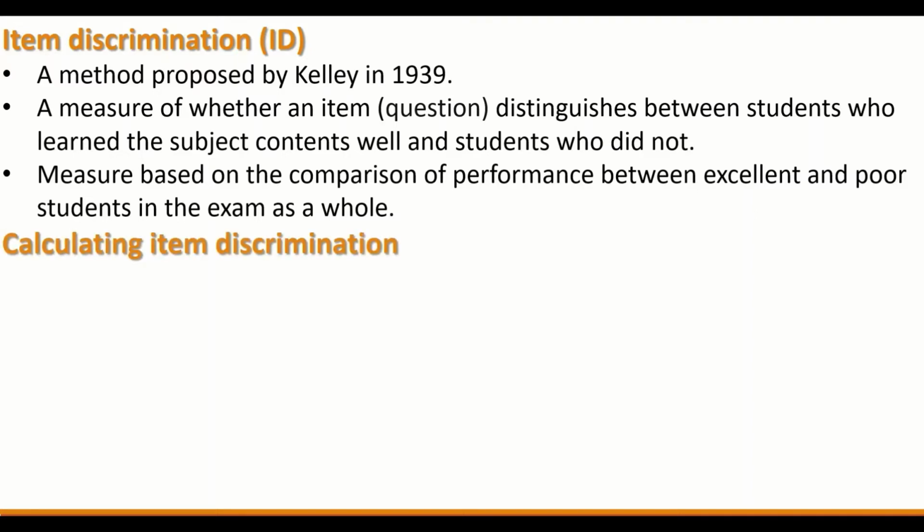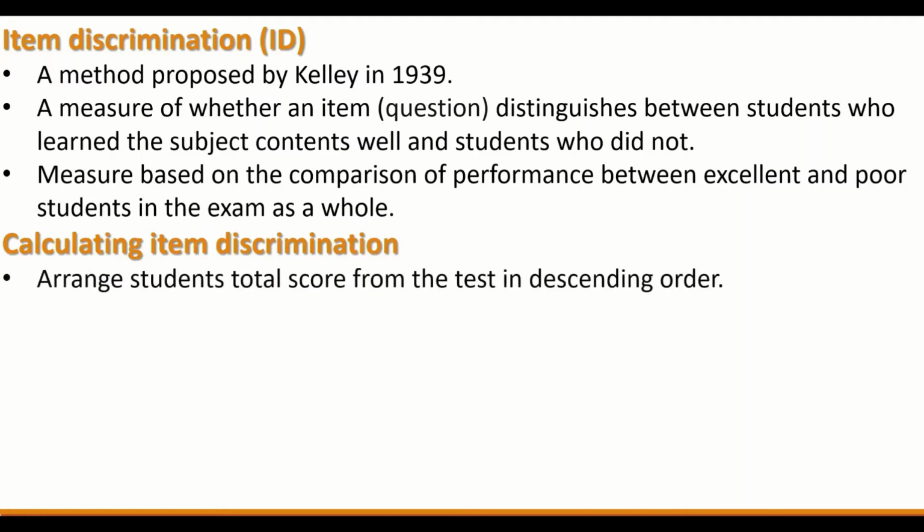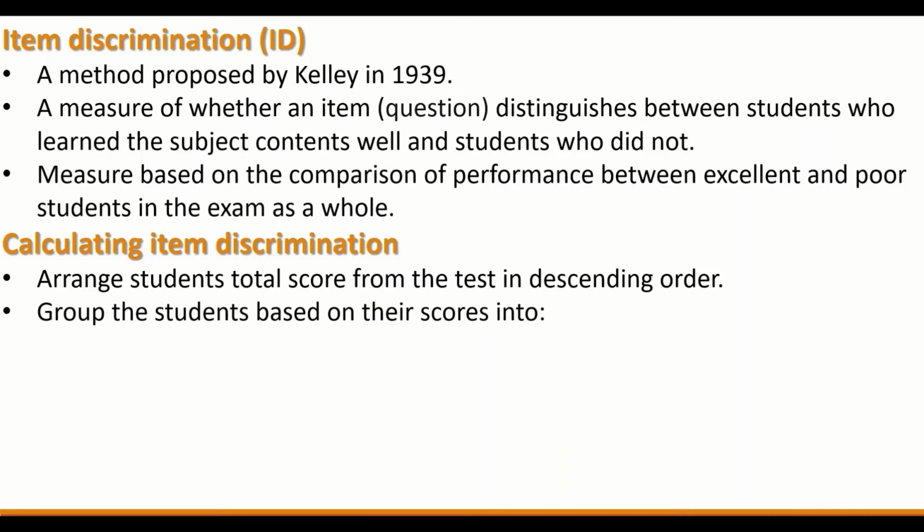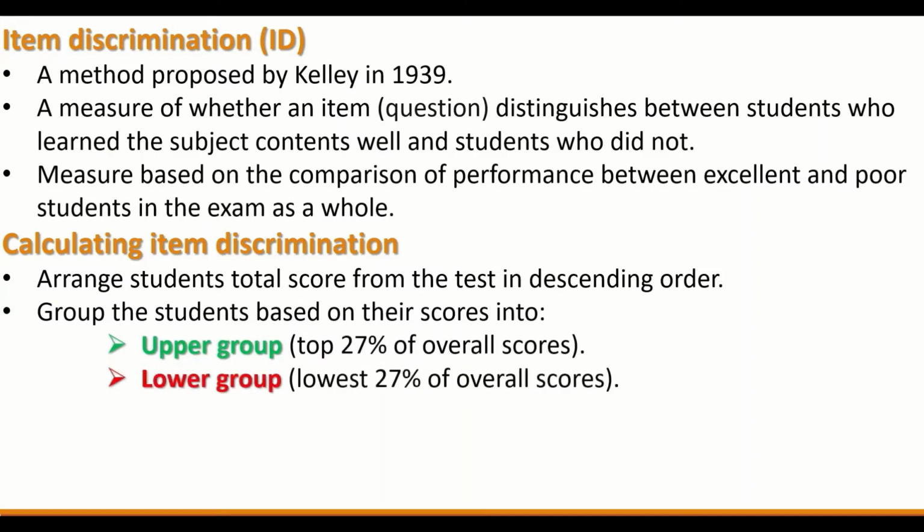The item discrimination is calculated by arranging the students' total scores from the test in descending order. Group the students based on their scores into an upper group and a lower group.